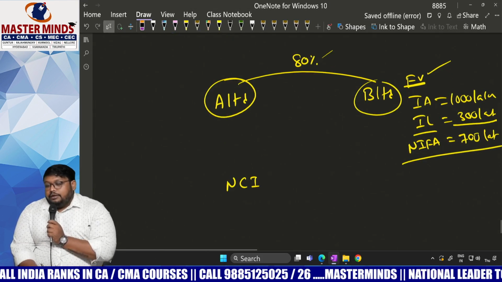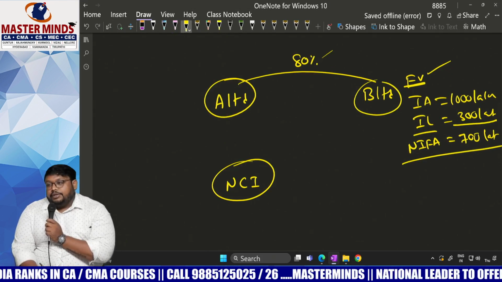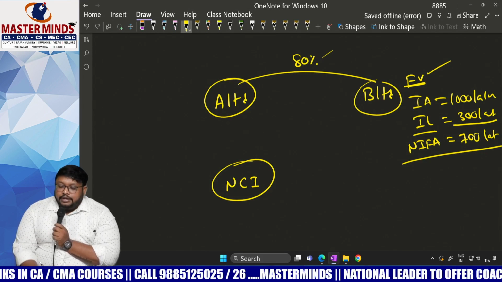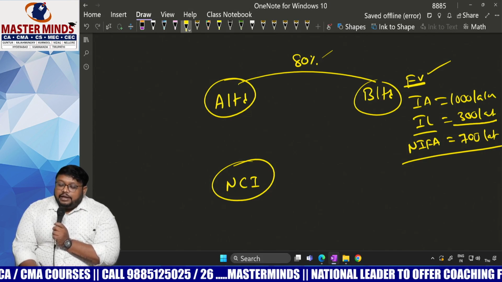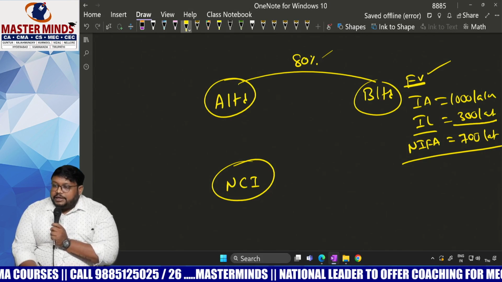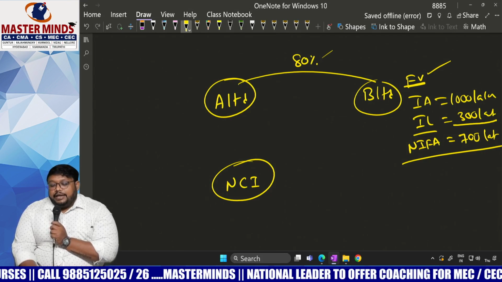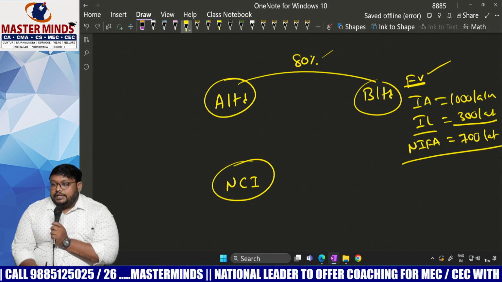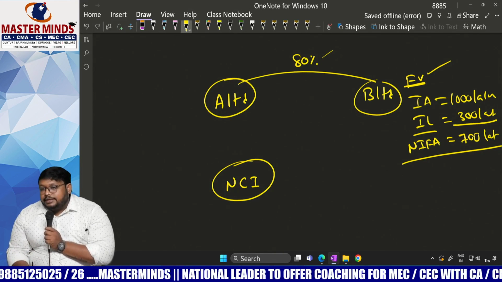It's a very, very important thing. When we have a partial acquisition, not a full one, A Limited purchased only 80% of the stakes, so the remaining 20% is NCI.